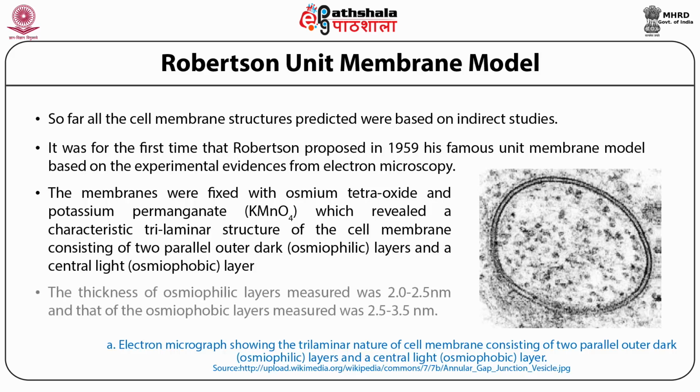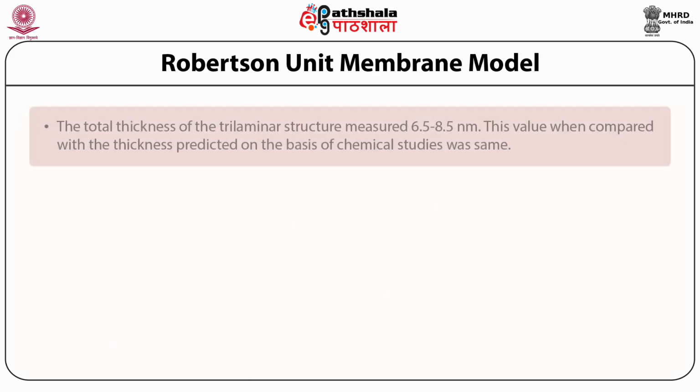The thickness of the osmophilic layers measured around 2 to 2.5 nanometers and that of the osmophobic layer measured 2.5 to 3.5 nanometers. The total thickness of the trilaminar structure measured 6.5 to 8.5 nanometers.